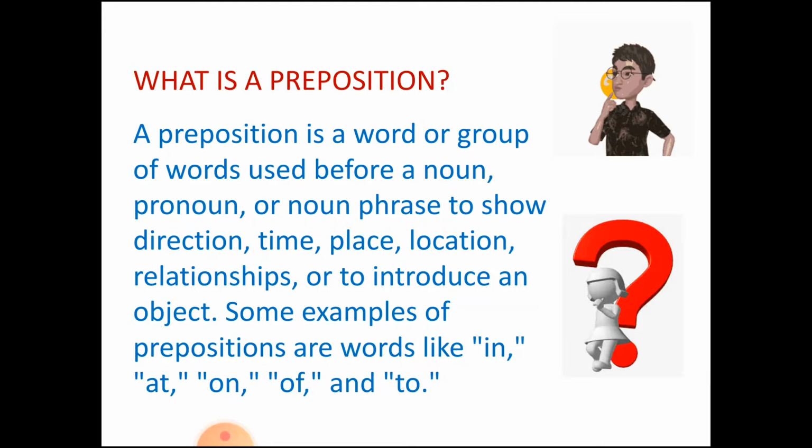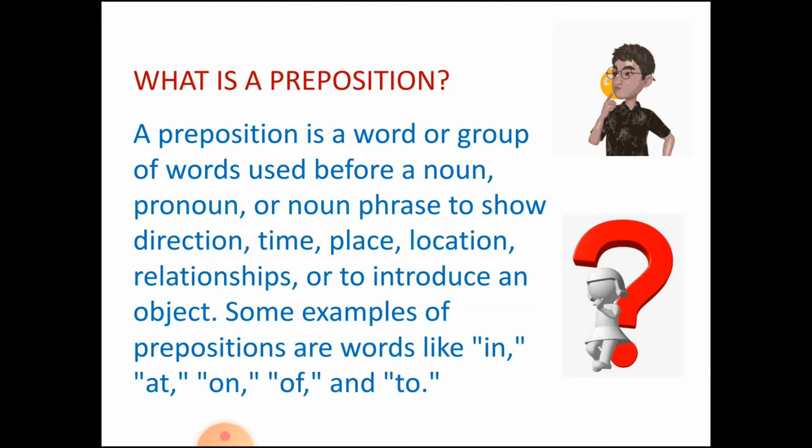It can also be used before a pronoun. What is a pronoun? A pronoun is a word that is used instead of a noun. We have learned pronouns. Some examples of pronouns are he, she, it, they. There are even some interrogative pronouns such as which, who, when.